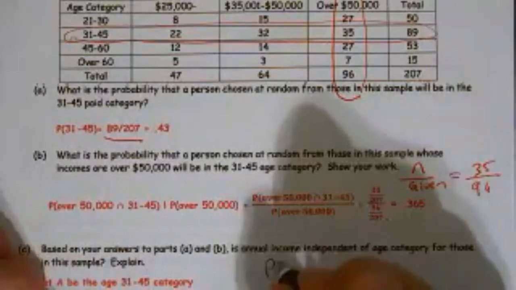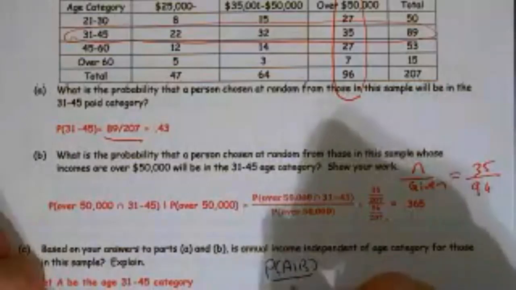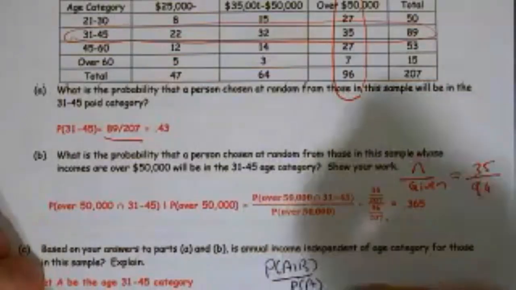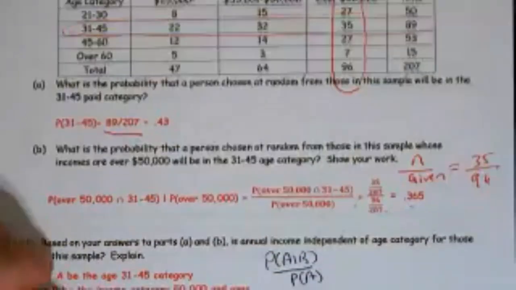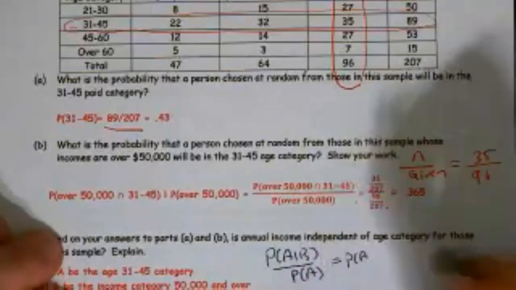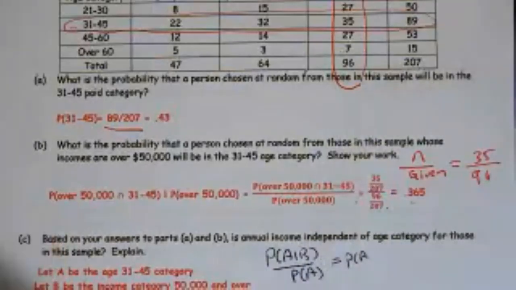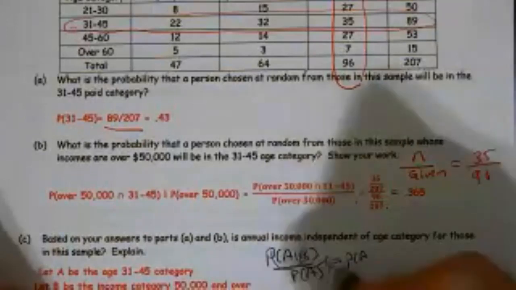The probability of A given B over the probability of A equals the probability of B. Actually, I'm sorry, I wrote the wrong thing.